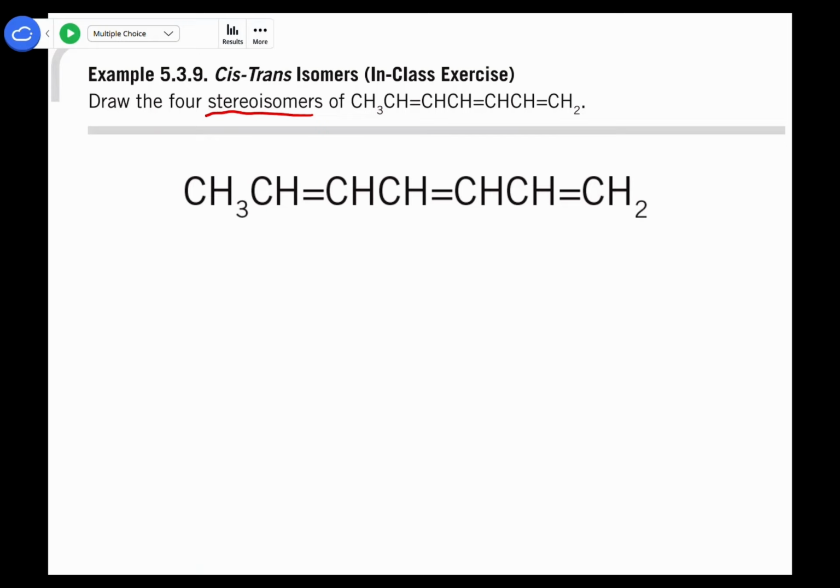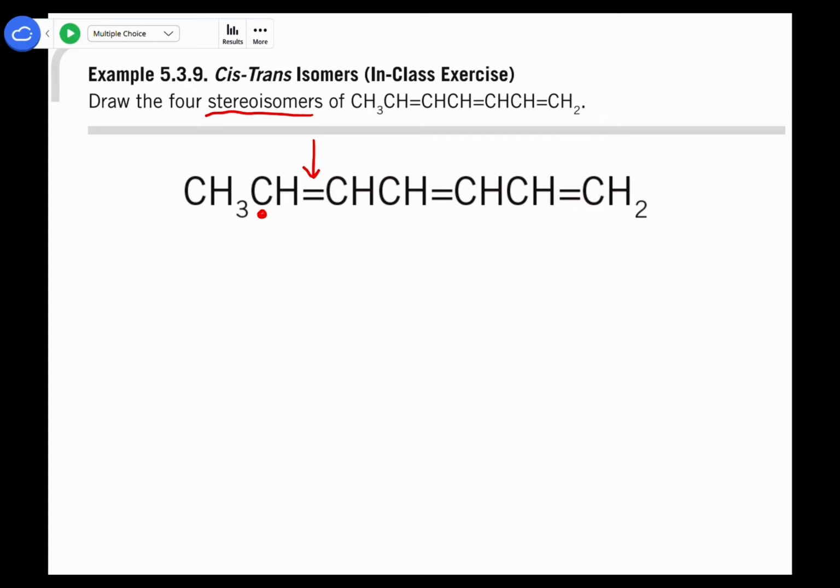I want to see which of these double bonds could have cis-trans isomerism. So I'm going to start with the first double bond here. It looks like CH-CH, but of course hydrogen is not involved in a double bond. We write out the order of the elements this way, but we know that hydrogen's not in the double bond.